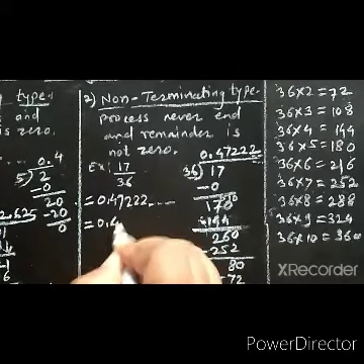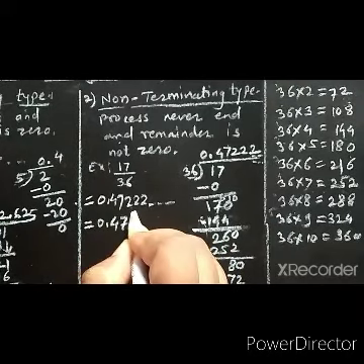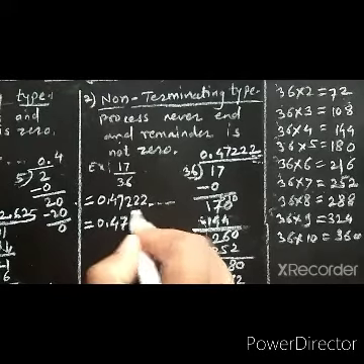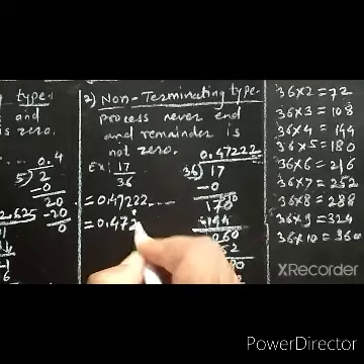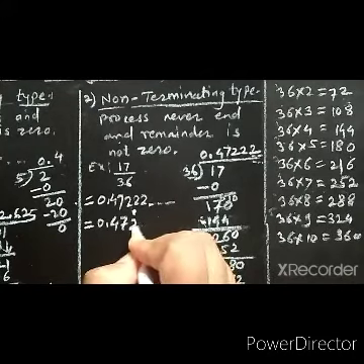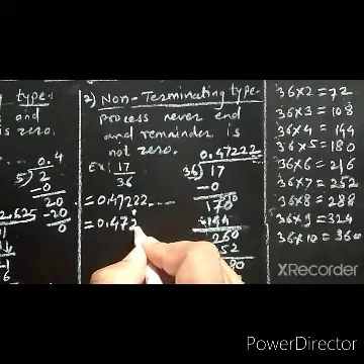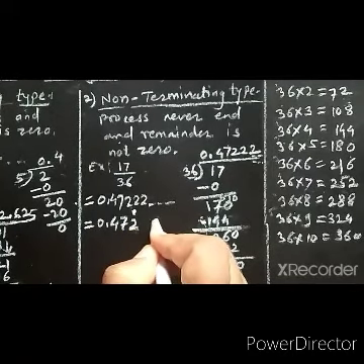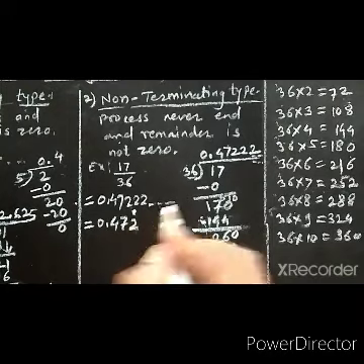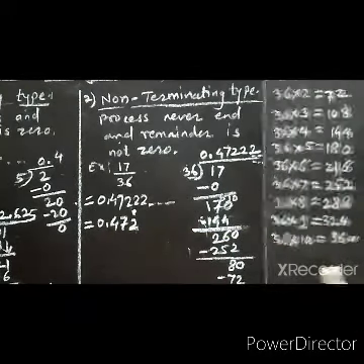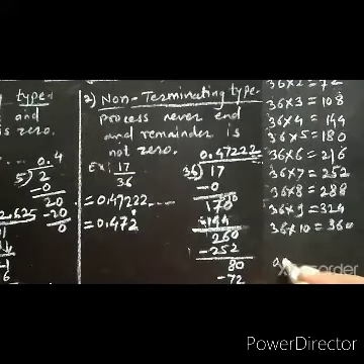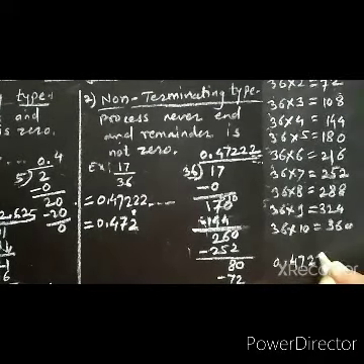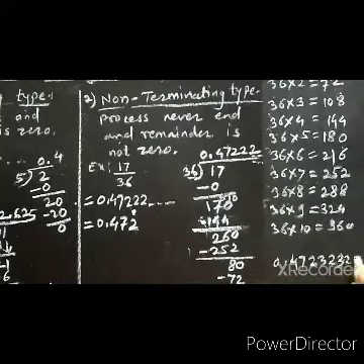So here one digit, that is 2, comes again and again. Therefore it can be written as 0.472, and up to this 2 we have to put a dot. If one number is coming again and again, then we have to put a dot on this number. If 2 or more than 2 numbers are coming again and again, then we have to put a bar. Bar means like this. Suppose the answer is coming like this: 0.47232323.